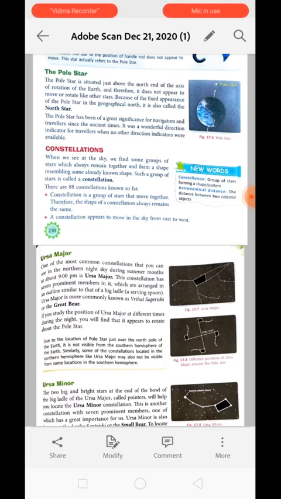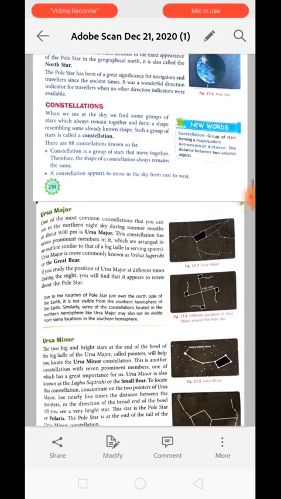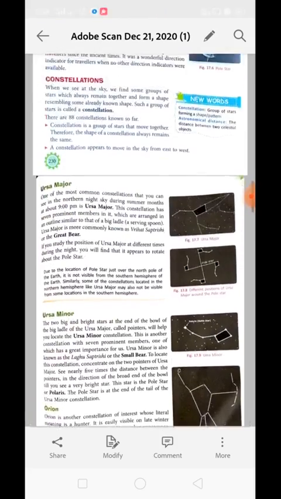Now you have a clear idea why the constellations appear to move from east to west, because the earth is rotating from west to east. Our earth is rotating from west to east. Clear? Now we are going to study all of these constellations that are mentioned in the book, right?